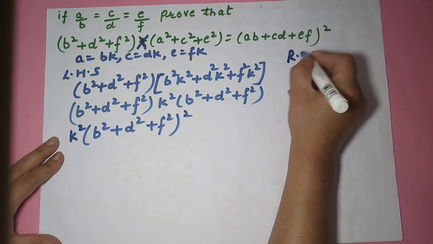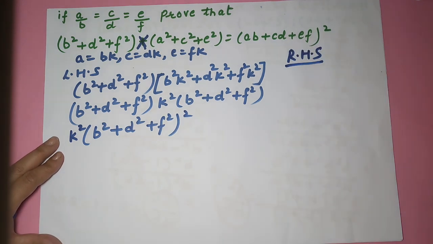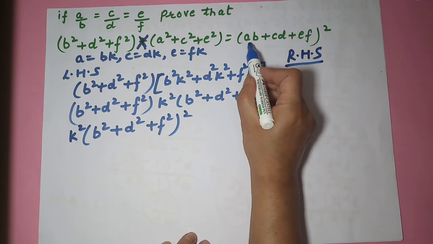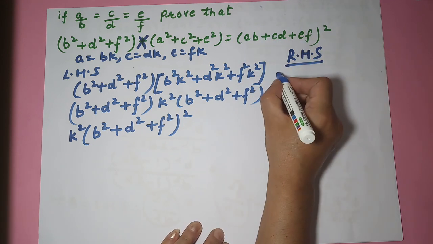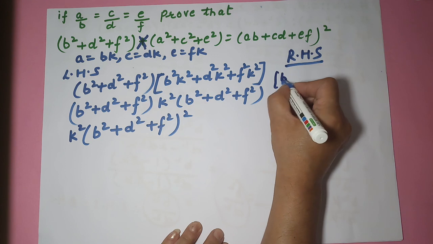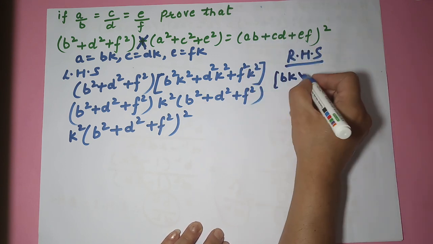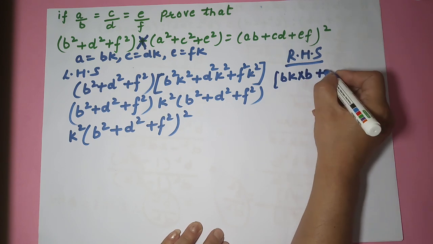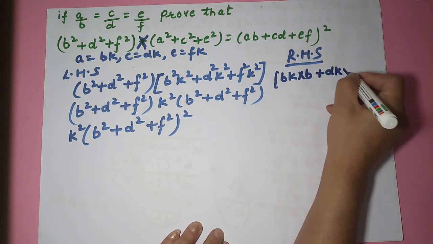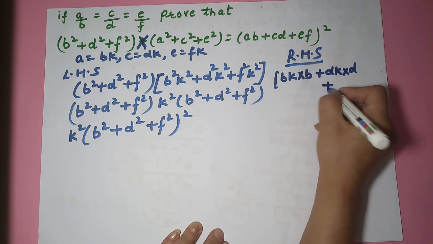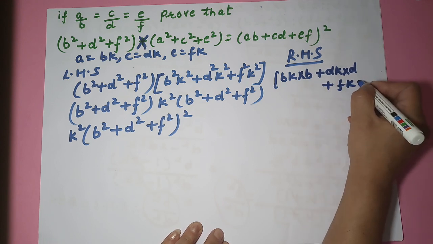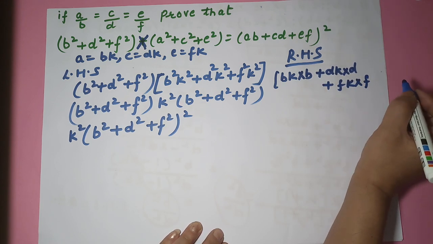Let me go to the right hand side. Fine. Okay. Now in the right hand side I have a. So I will replace a by bk. And then I have b also. I will write it as b only. C I can replace as dk into d. Plus e I can replace as fk into f. Right?